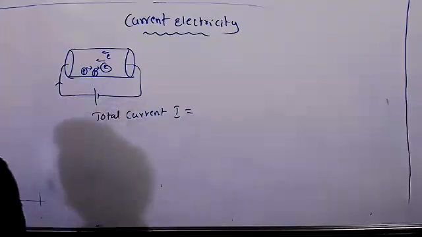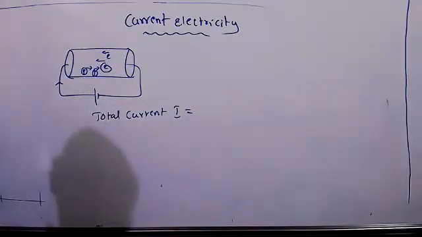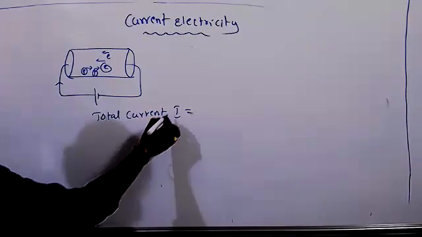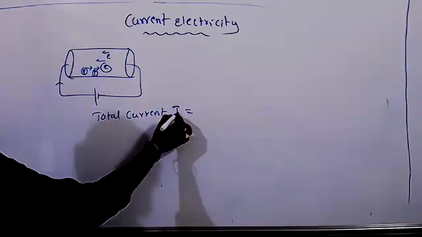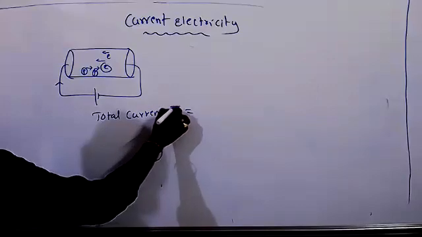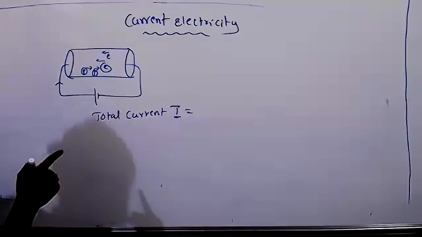What is the formula for total current? I'm not asking for current, total current in the conductor.